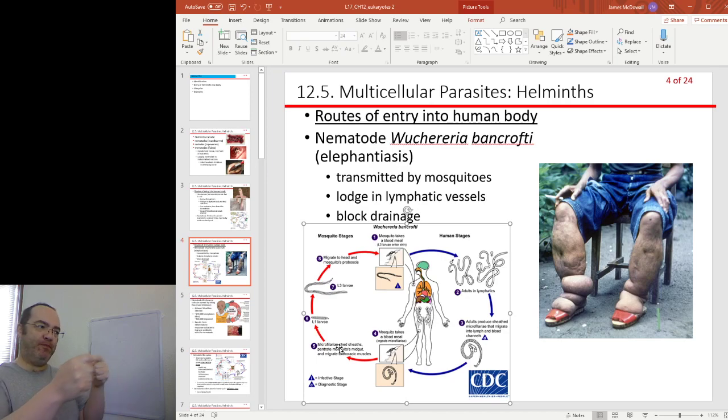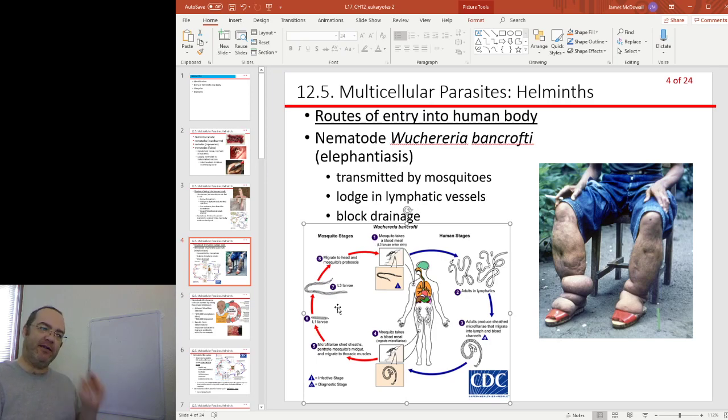Inside the mosquito, the worm undergoes some of its life cycle, and this is an important distinction. The fact that the worm is inside the mosquito and that the worm is completing some of its life cycle stages inside the mosquito, that denotes the mosquito as a biological vector.